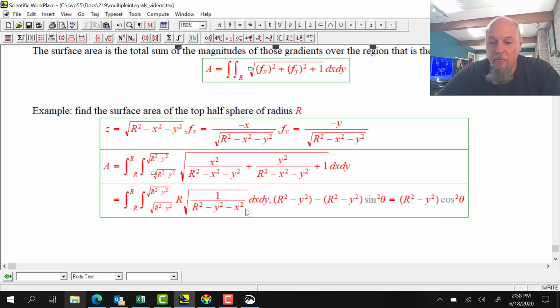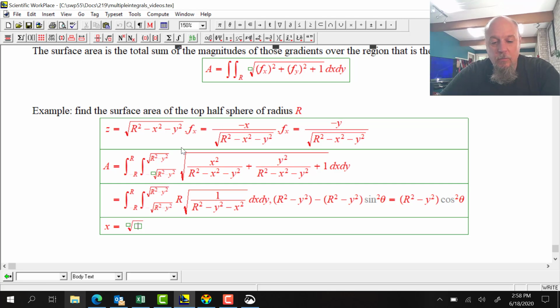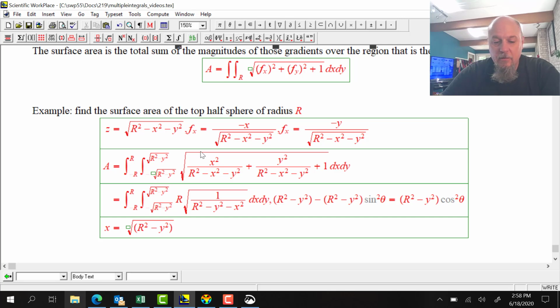So I can make this a perfect square under the square root sign if I let x equal to the square root of that piece times cos theta.